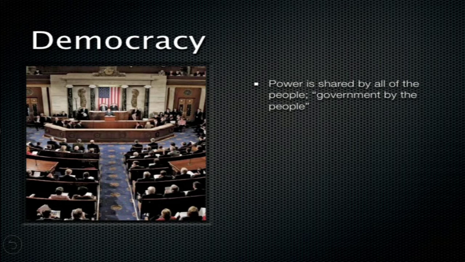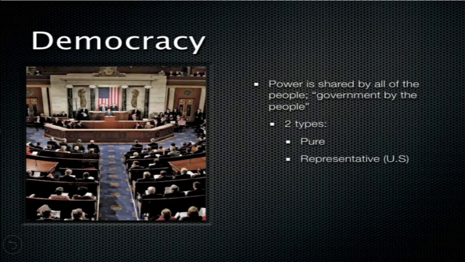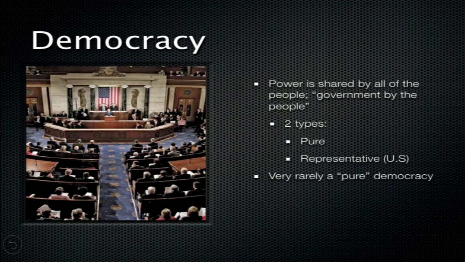Now comes democracy. You are all very much aware that our country is a democratic country. And what happens in democracy? In democracy, power is shared by all of the people, government of the people and by the people. And there are two types, pure democracy and representative. The representative government is found in the United States.